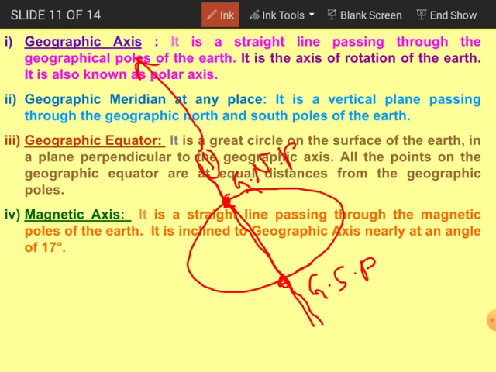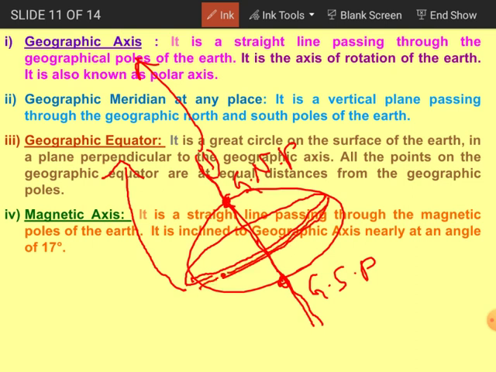The line passing through the geographic north pole and geographic south pole, we call it the geographic axis. At the middle point here, the line drawn perpendicular to the geographic axis on the surface of the earth, we call the equator. This is the geographic equator. It is equidistant from the poles at these different points.